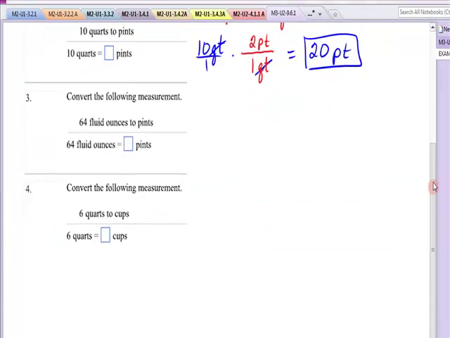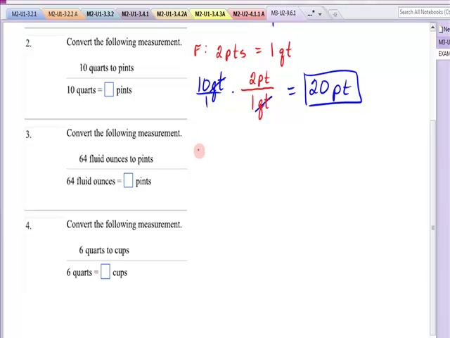The fact is I have 8 fluid ounces equals 1 cup. That'll get it to cups, and then 2 cups equals 1 pint. It's going to take us 2 facts to do this. So everything I do for this problem is going to be over here.